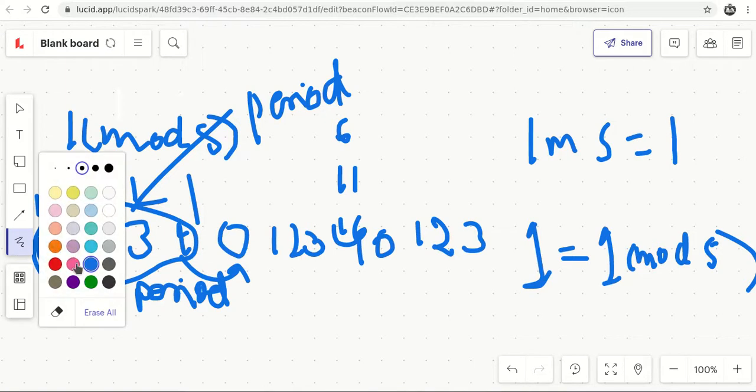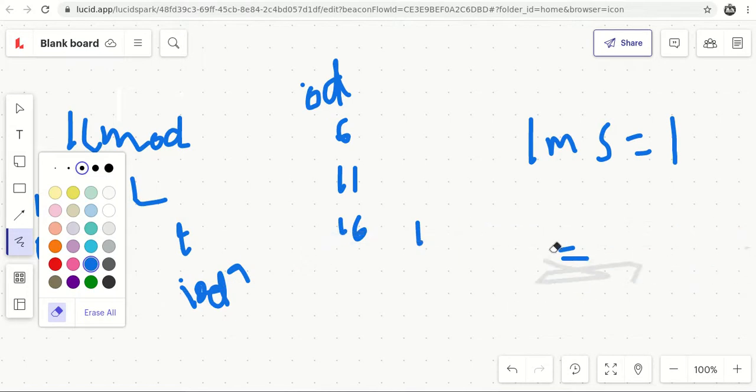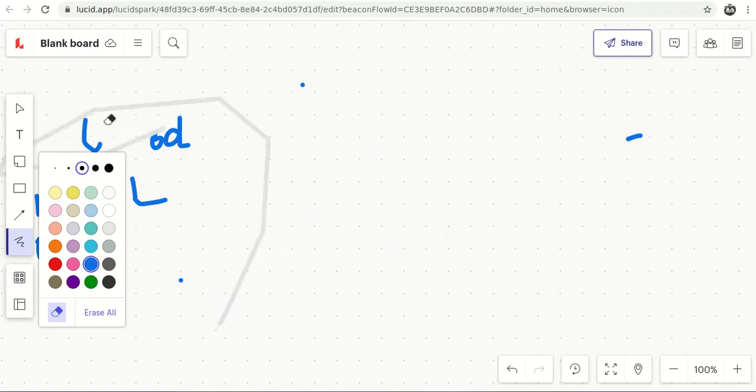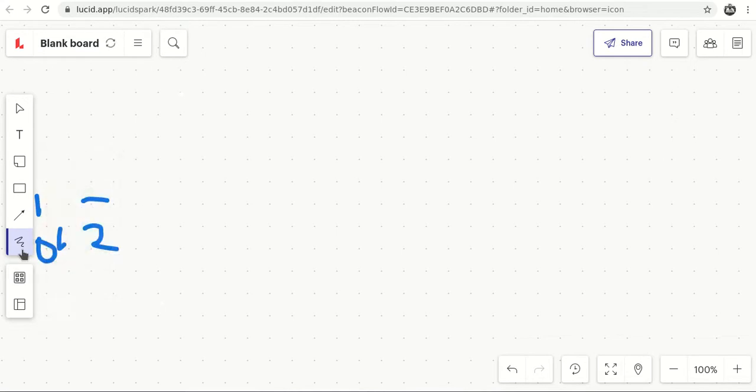Let us understand the problem first. So this is a factoring problem.